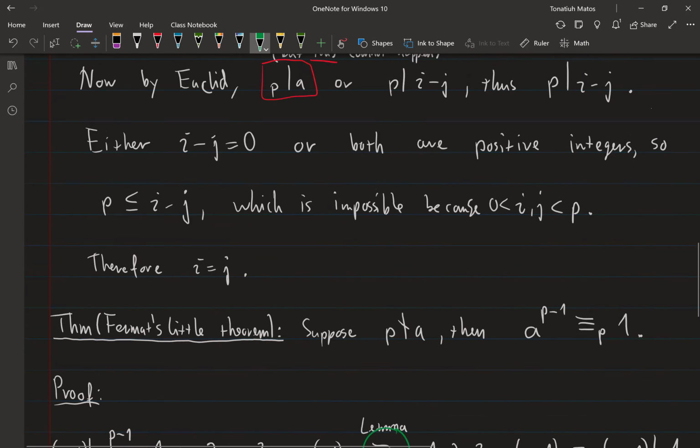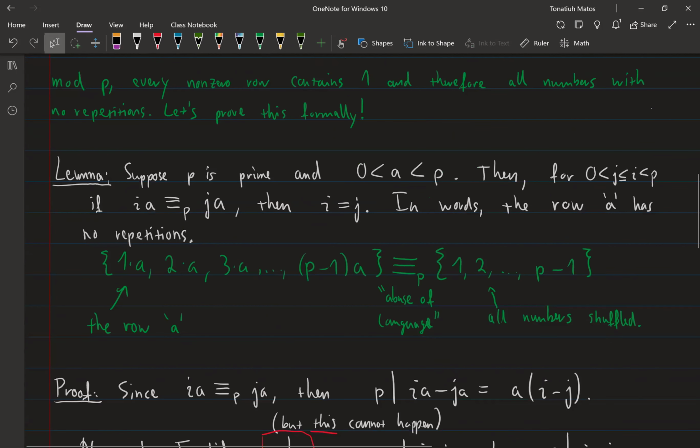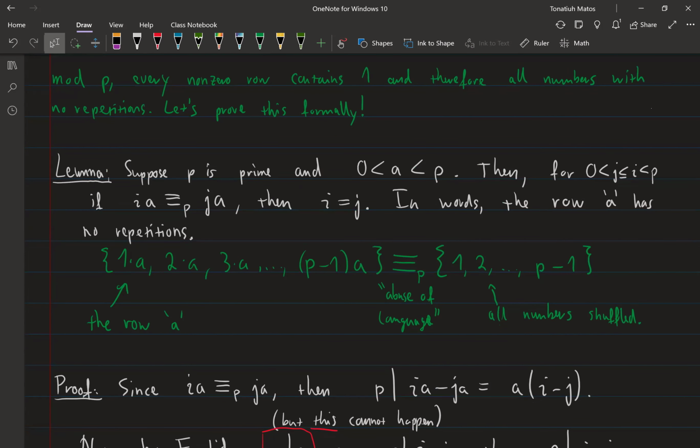The lemma says that if you take the row corresponding to the number a, all the multiples of a, the multiplication row of a, then that is the same mod p as just the numbers 1, 2, 3, 4, all the way to p minus 1.